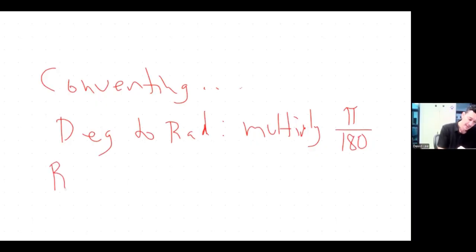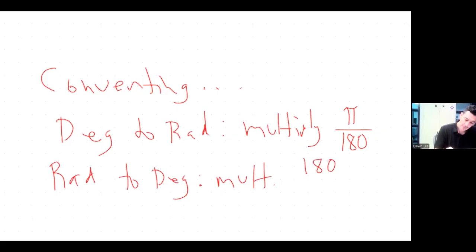If I give you an angle in radians and you want to turn it into degrees, you multiply by the reciprocal, 180 over pi.